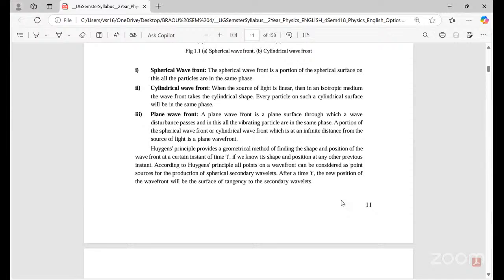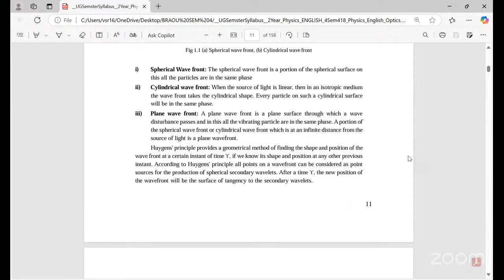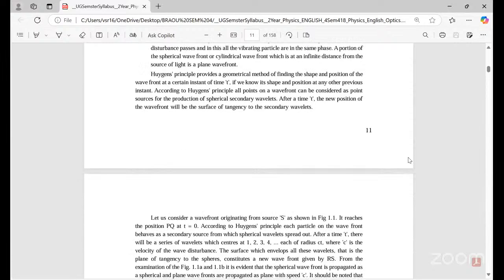Getting my point? So Huygens principle provides a geometrical method of finding the shape and position of the wave at any instant of time.